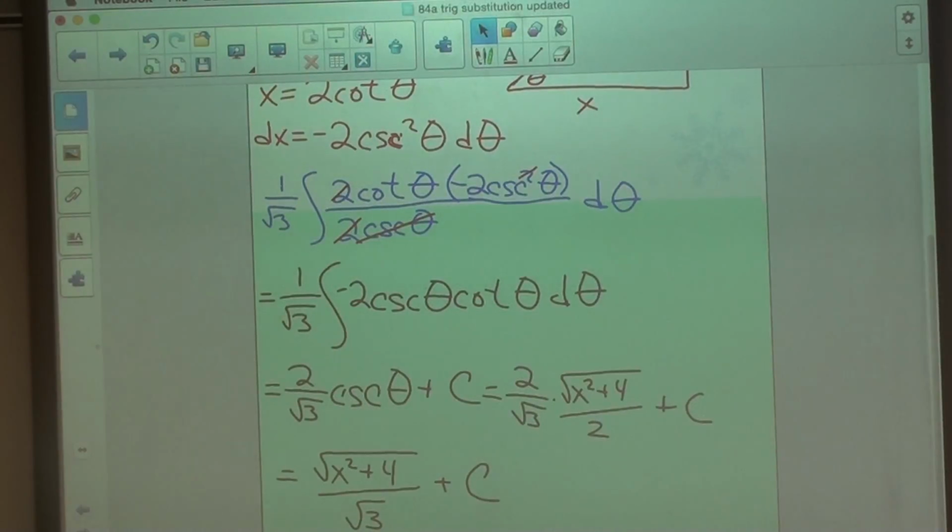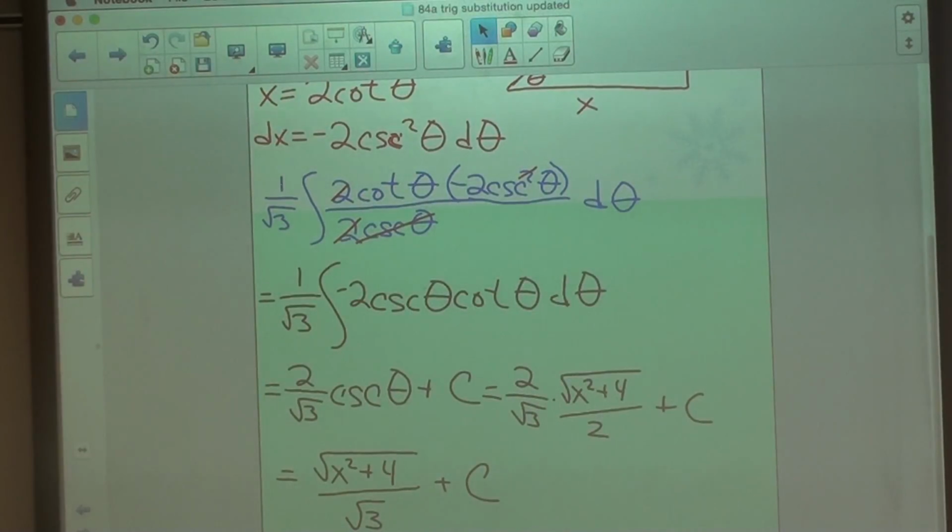Where's your dx go? What is dx? Sine theta is the triangle, 2 over, and then this is equal to negative root, negative square root of x squared plus 4 over root 3 plus 6.